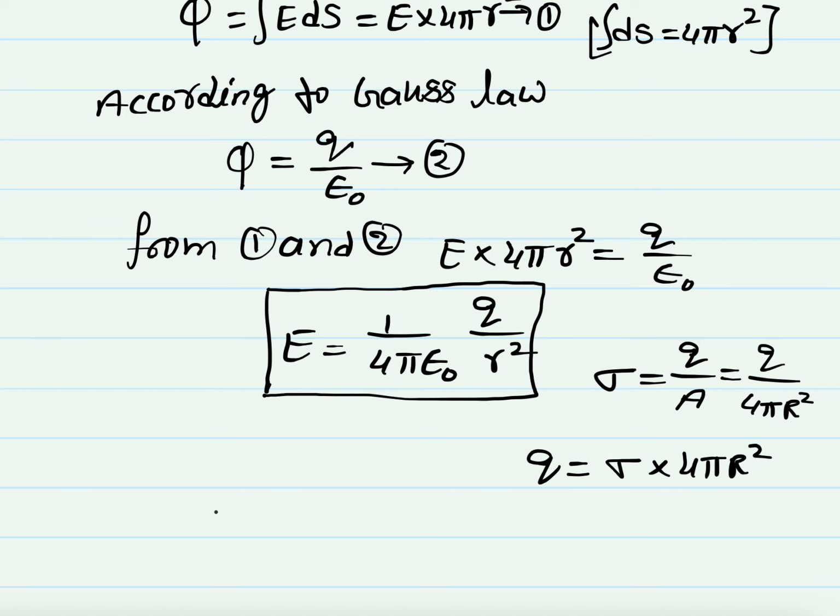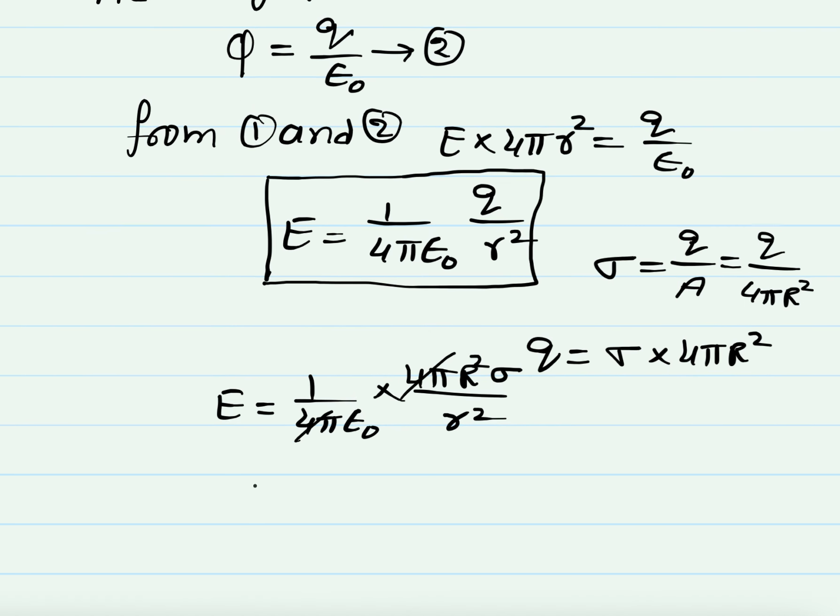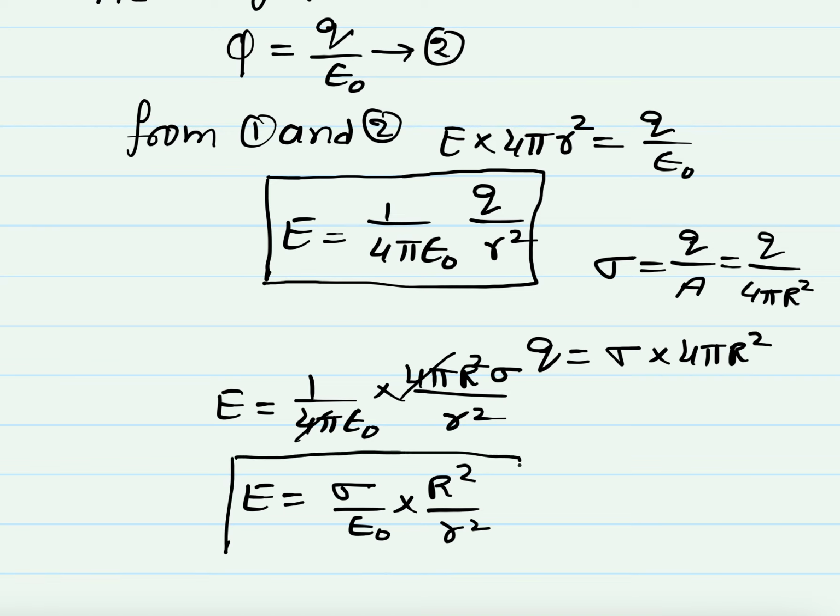If I substitute this, 1 by 4 pi epsilon naught into 4 pi capital R square into sigma by small r square, the 4 pi gets cancelled. So the electric field E is equal to sigma by epsilon naught into capital R square by small r square. This is another formula.